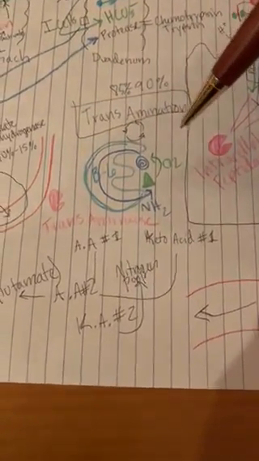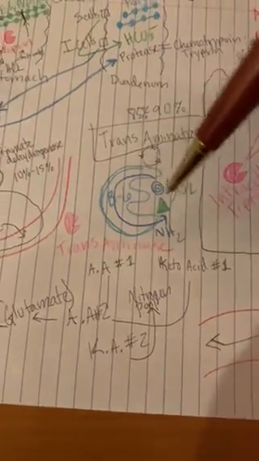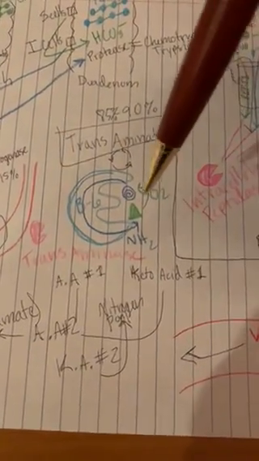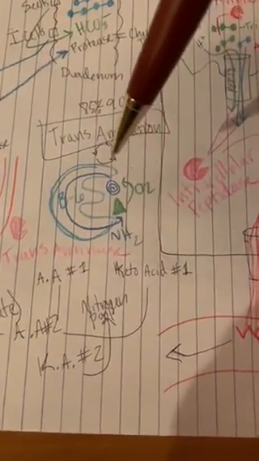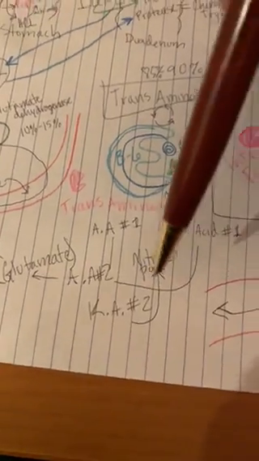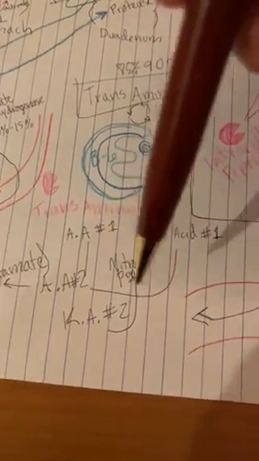This occurs in the cytoplasm, in all cells, and in order for this to happen, we need vitamin B6 to transfer O2 to an amino acid and NH2 to a keto acid in order to make amino acid 2s and keto acid 2s to enter the nitrogen pool to make more amino acids.